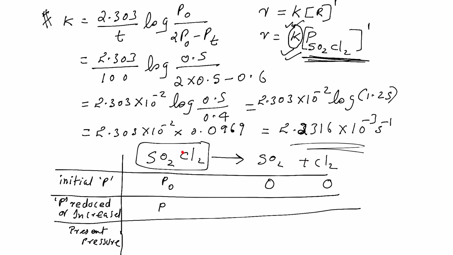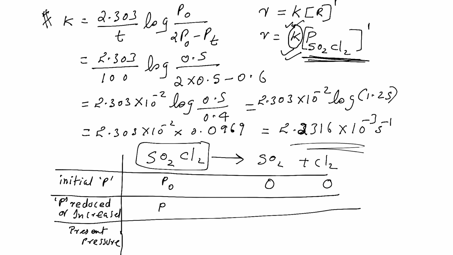From the stoichiometry of the equation, it is very clear that 1 mole of SO₂Cl₂ undergoes decomposition to give 1 mole of SO2 and 1 mole of Cl2. If X amount of SO₂Cl₂ disappears during a reaction, X amount of SO2 and X amount of Cl2 will be produced.